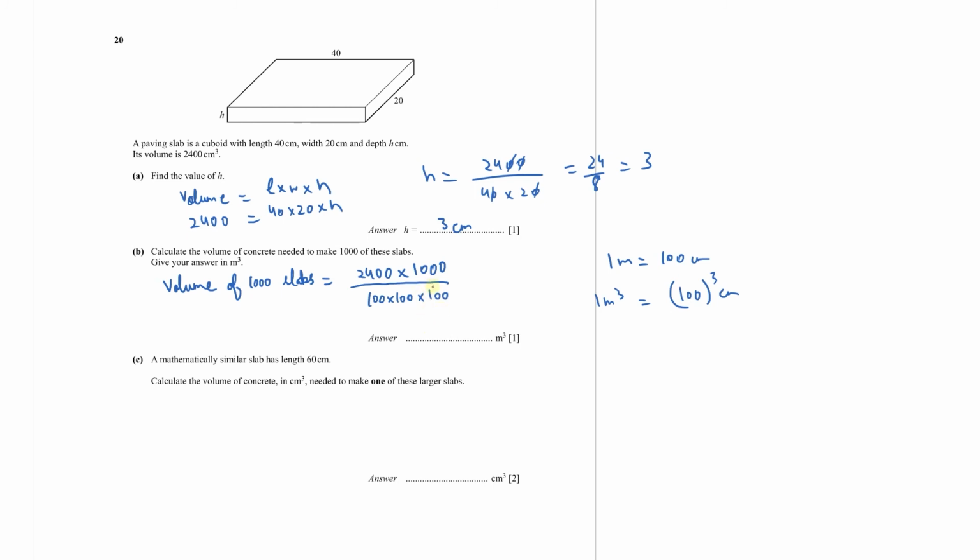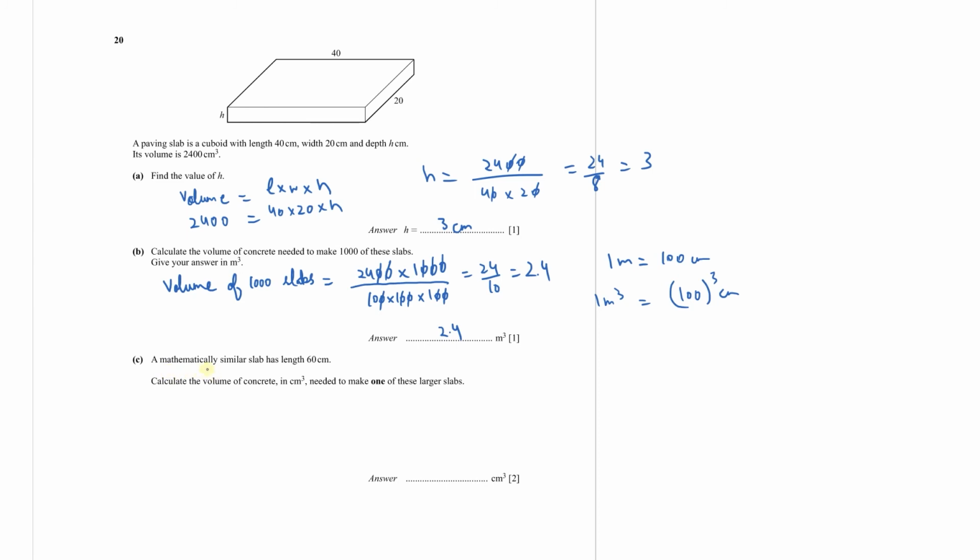Similar to how, oh sorry, if you have to convert centimeters into meter, you divide by 100. So to convert this centimeter cube into meter cube, you divide by 100 cube. Now I can cancel these two zeros with these two zeros, and this zero with this. So you get 24 over 10, which is 2.4 meter cube. So your answer is 2.4 meter cube.